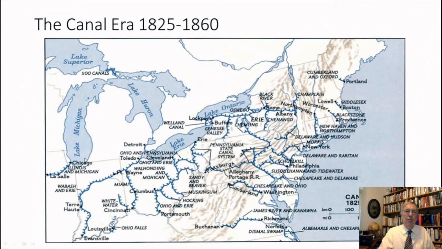Canals going through Chicago, called the Chicago Ship Canal, connect Lake Michigan to the Mississippi River here, and so on. So that was quite an era of building all these canals in the United States that helped us expand the nation westward.